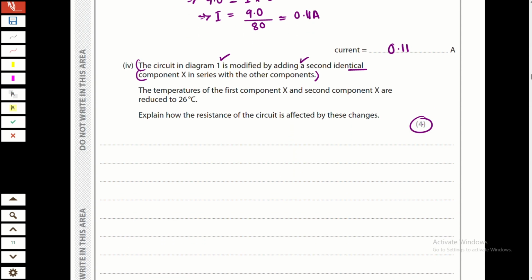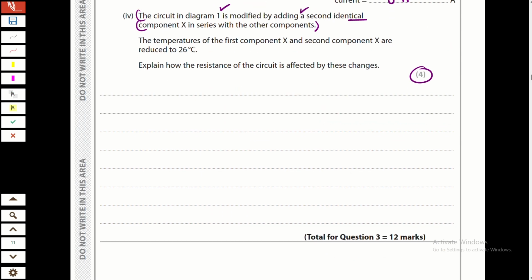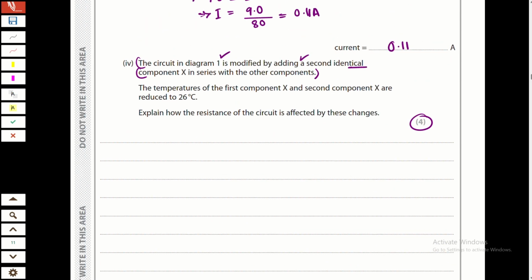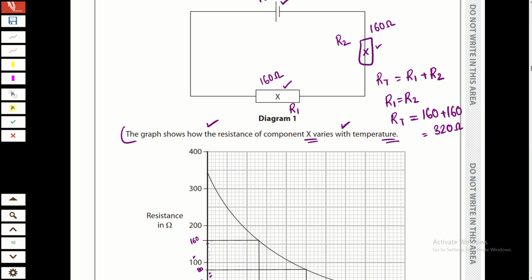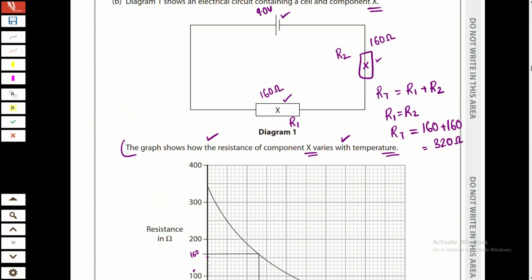All right, so the answer to this question carries 4 marks, so we will have to be very careful while writing it. First of all, we will have to identify that the resistance of both of these thermistors would be 160 ohms. We will have to mention that since both thermistors are identical, their resistances would be identical as well.